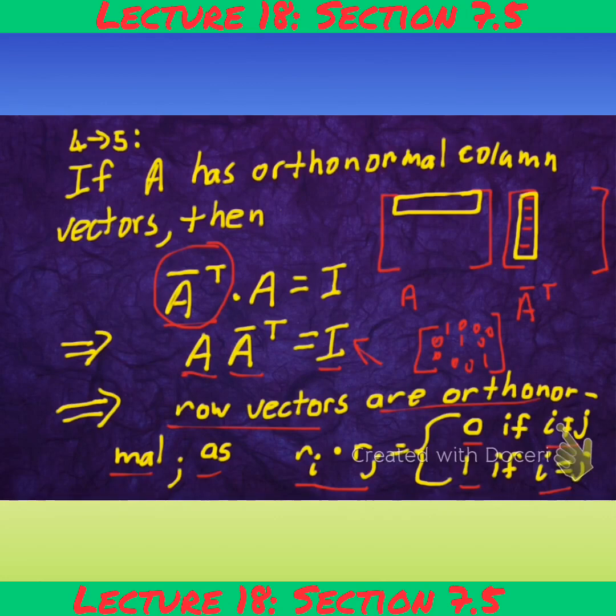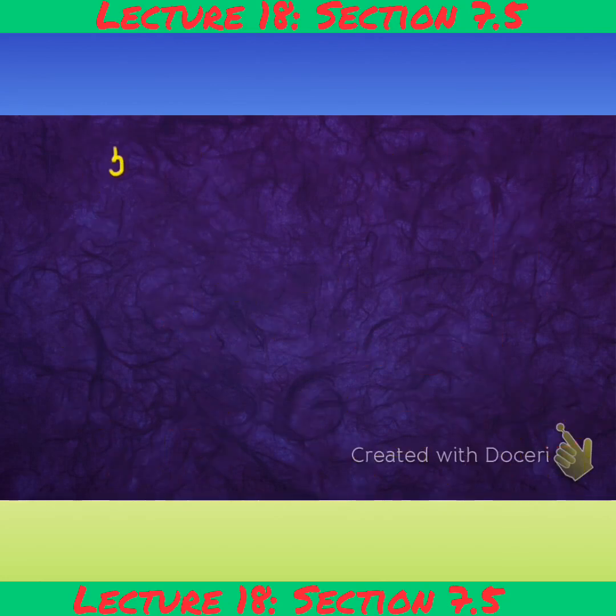Okay, and then we can close the loop by proving that 5 implies 1. Why does 5 imply that A is unitary?